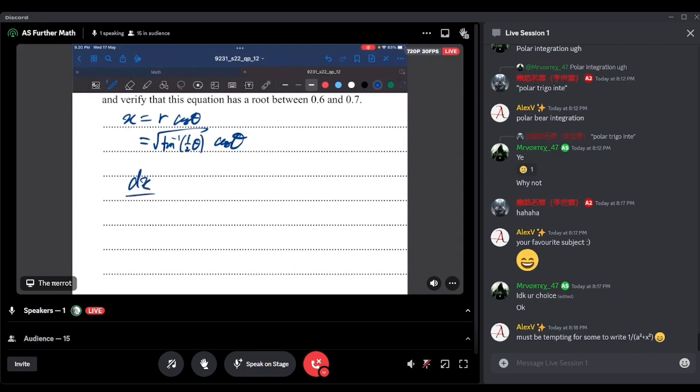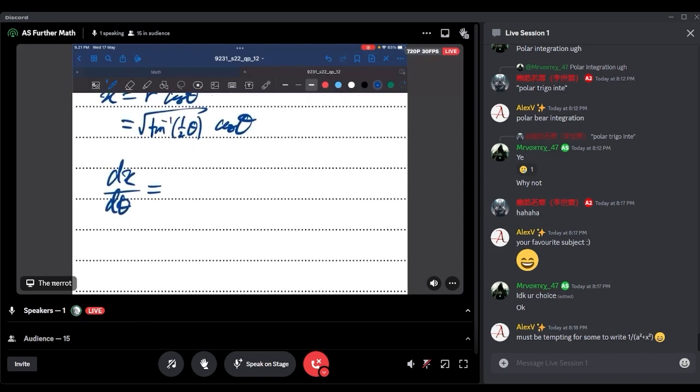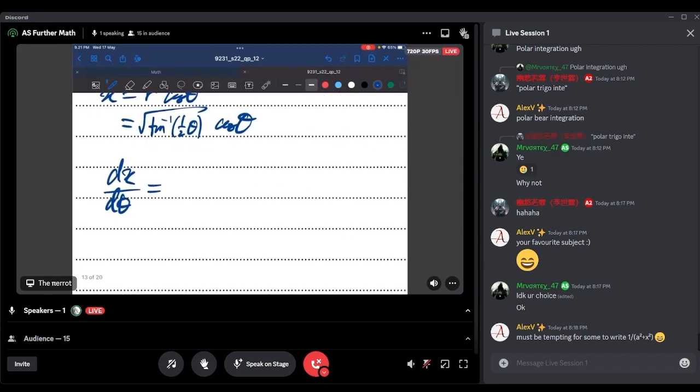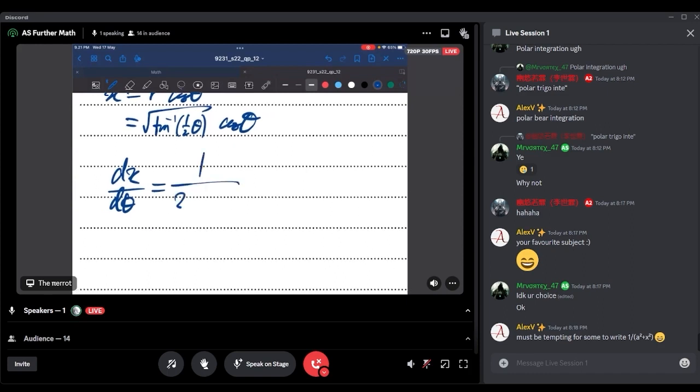God help me. Right, so product rule. We have a product of two terms here, root of tangent inverse times cosine theta. Let's differentiate the root tangent inverse first. By the chain rule, the derivative of the outside function is just 1 over 2 root of, in this case, tangent inverse half theta.